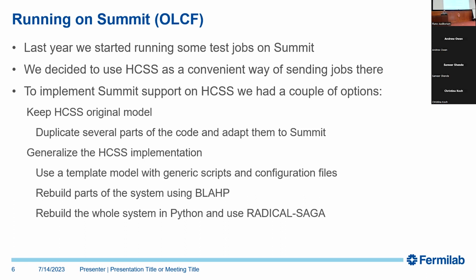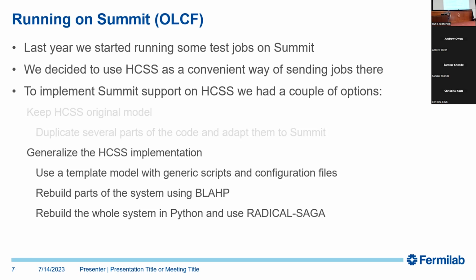So we had a couple of options to think about. Either we would reuse the same model that we had before, which is replicating that template and making the code changes that we would need to make sure it would run on Summit for CMS, which was the experiment in question. We were trying to run jobs there. Or we could generalize the Split Starter implementation and make sure we would do it once, and we would then be able to run across several sites for several experiments.